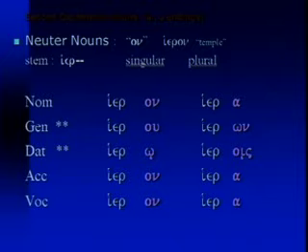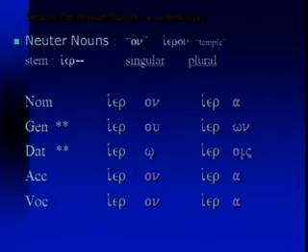A couple things that I want to point out here. First and foremost, notice the asterisk beside the genitive and the dative. The reason I asterisk this is because of something that you're going to like. Guess what? Once you have memorized the case endings for masculine nouns in the second declension, those beginning with os in the nominative singular, guess what? When you come to memorize those neuter nouns in the second declension, you're already going to know almost half.